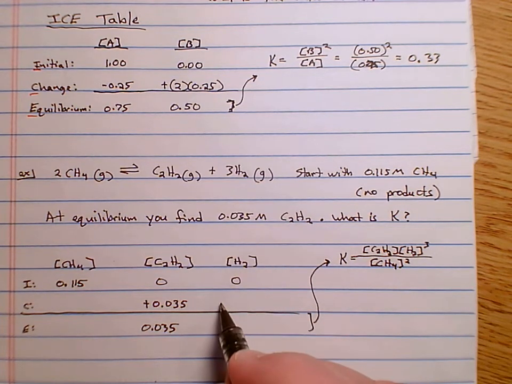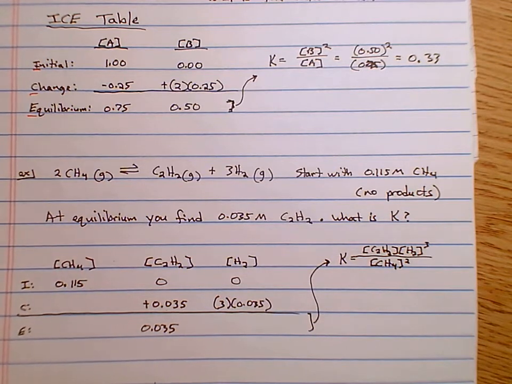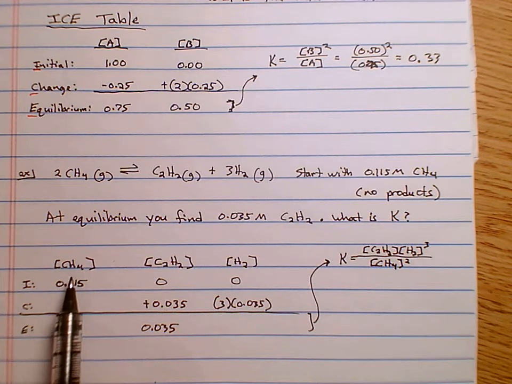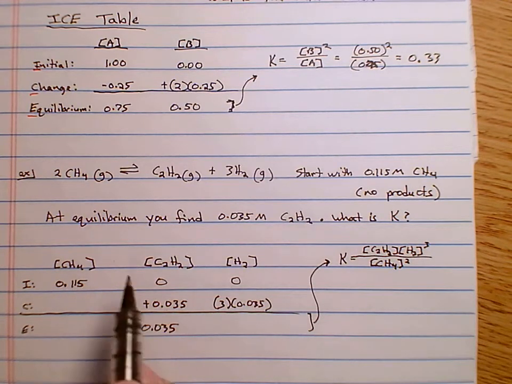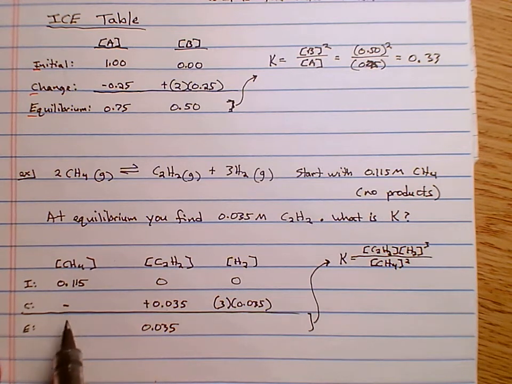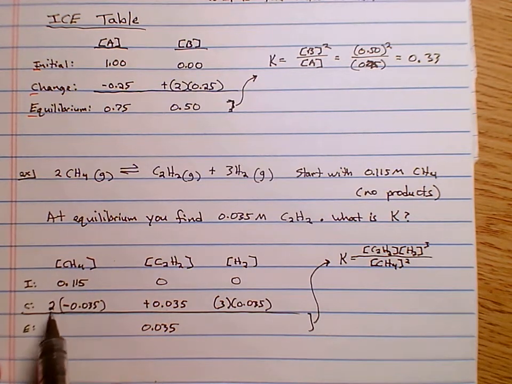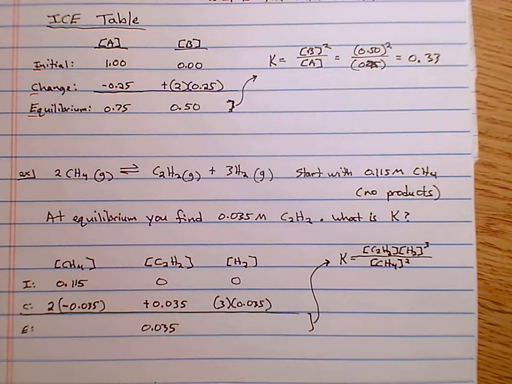So the amount of H2 is going to be 3 times 0.035. And note that our concentration of CH4 is going to go away, so it's going to be minus 0.035. However, stoichiometry says we have 2 there.